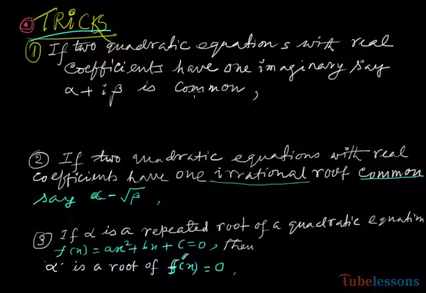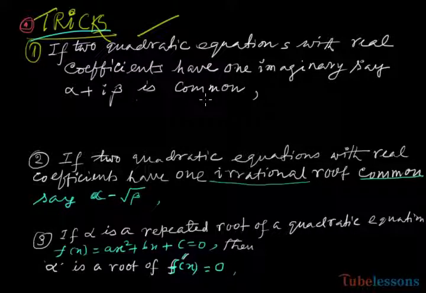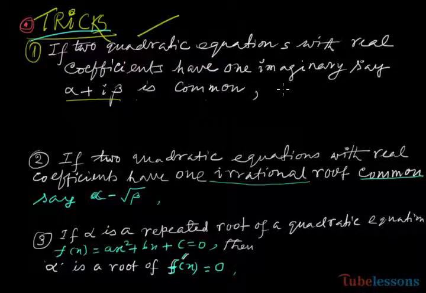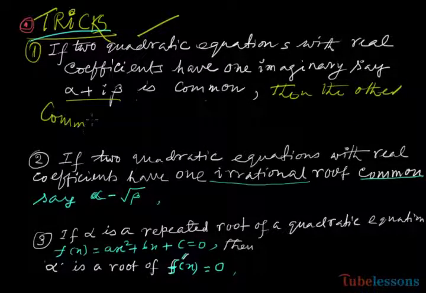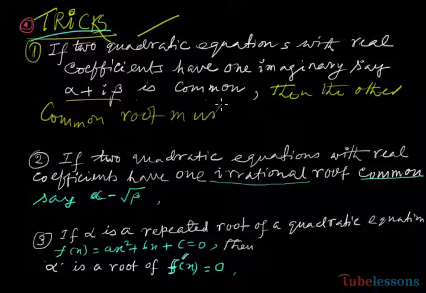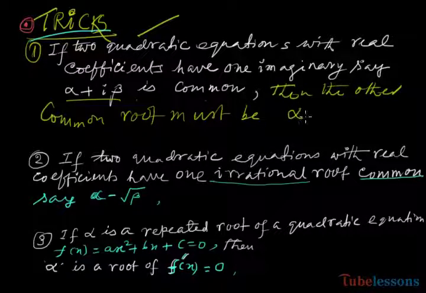Now, tricks. If two quadratic equations with real coefficients have one imaginary root, say alpha plus i beta, common, then the other common root must be its conjugate, that is alpha minus i beta.